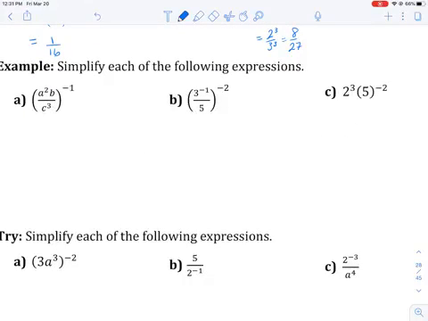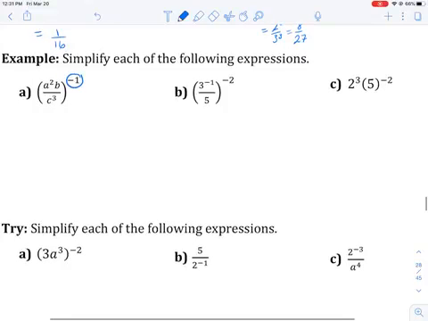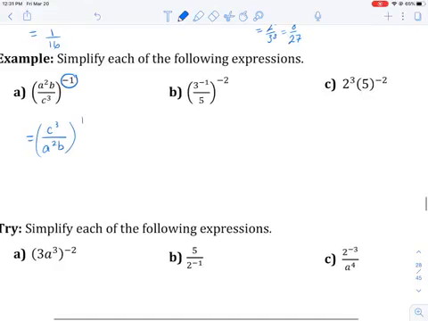Let's have a look at the next one. Simplify each of the following expressions. So again, I see this negative 1. In order to get rid of that, I just take the reciprocal of my base, which is c cubed over a squared b, now with an exponent of positive 1. Okay, if we look at the next one, I'm going to take the reciprocal of the base.